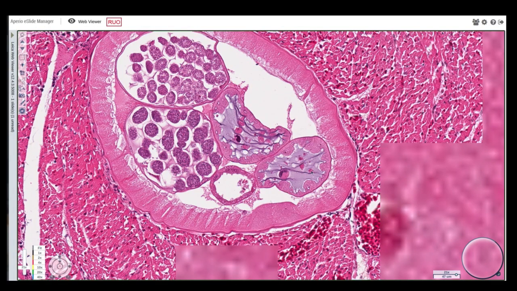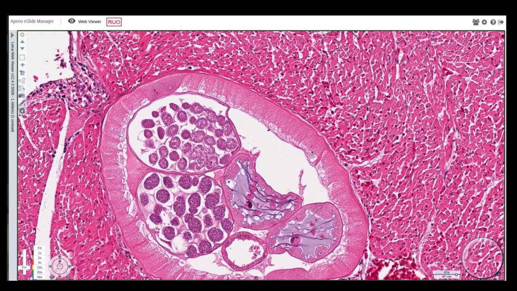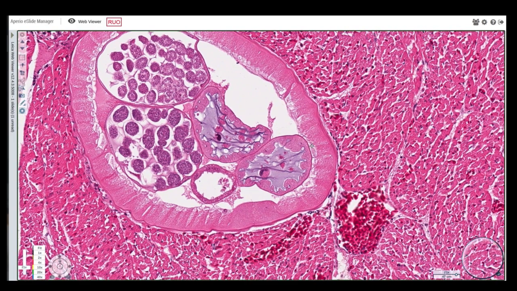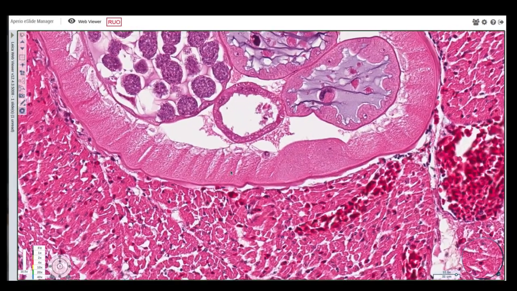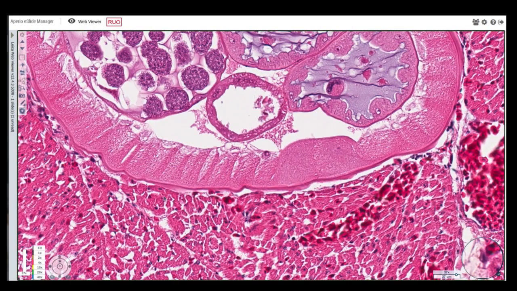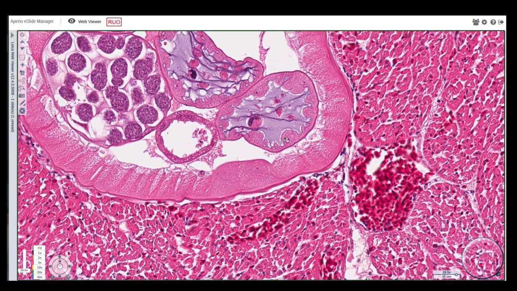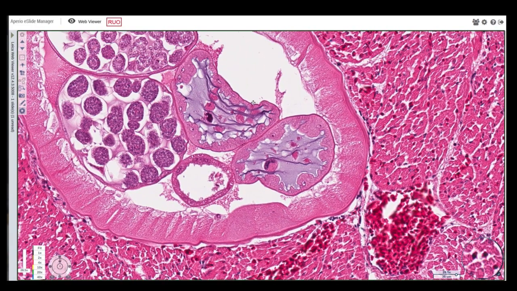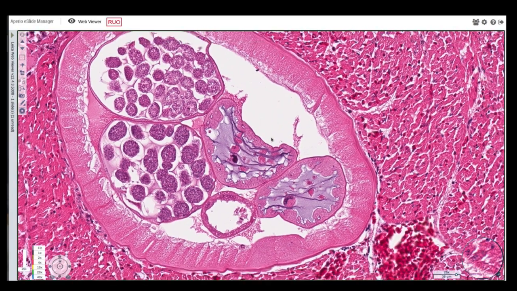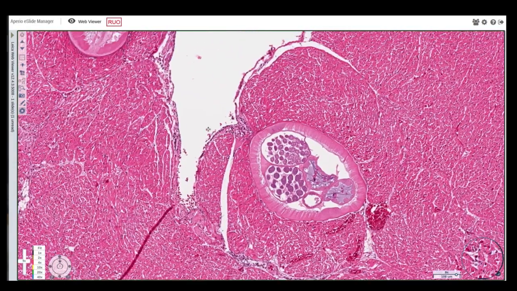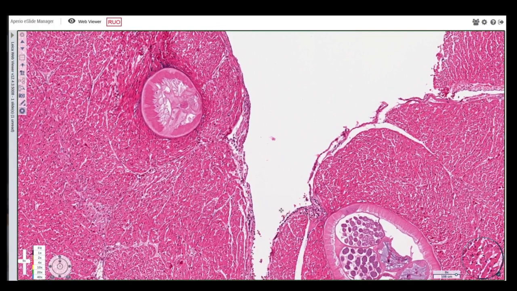This one's a lot more clear that it's not really causing any inflammation in the heart. It just transitions directly from nematode to normal heart muscle. So you could start to question whether or not these are actually causing the main problem and could be the cause of death in this swan.